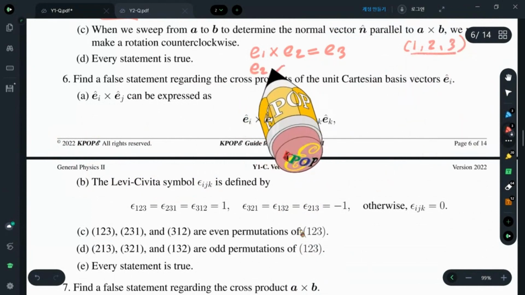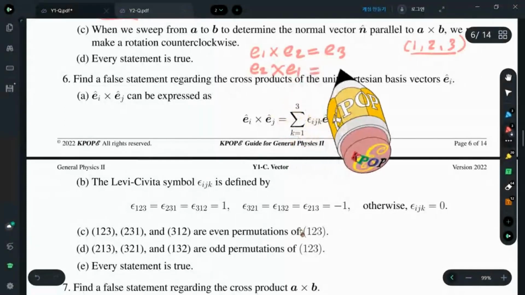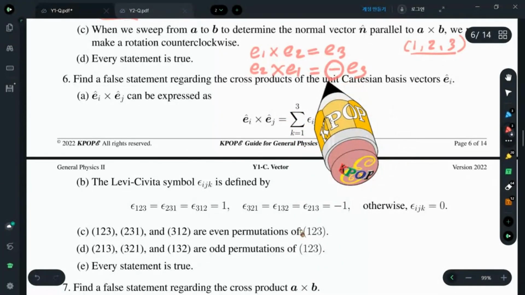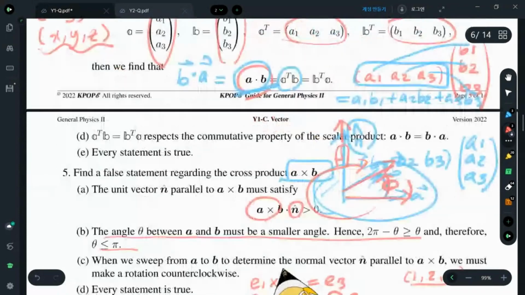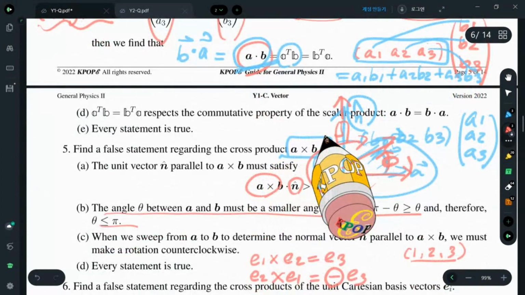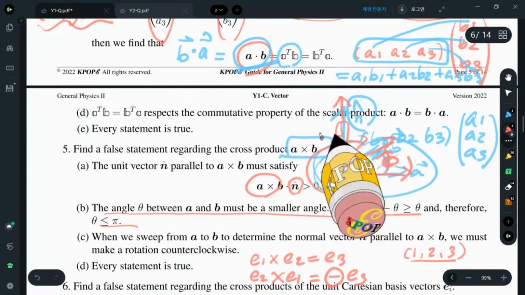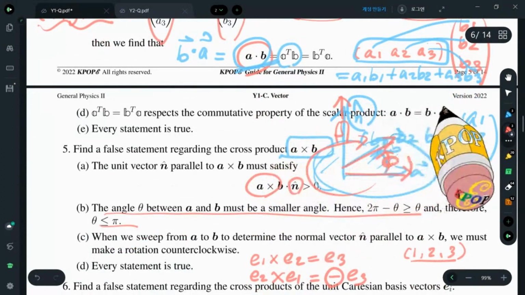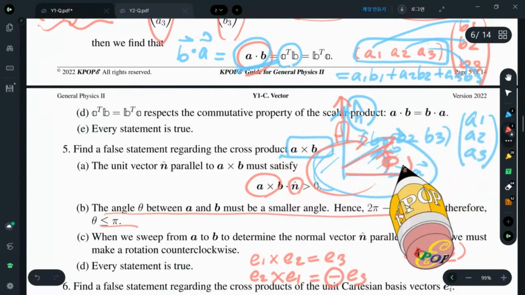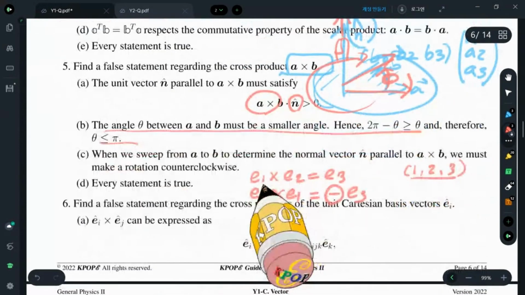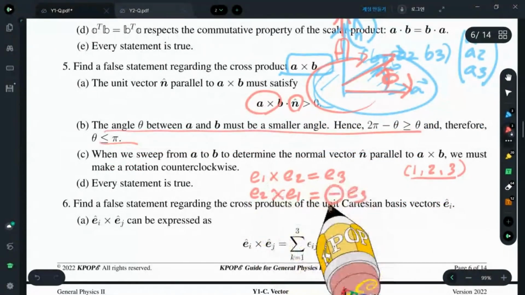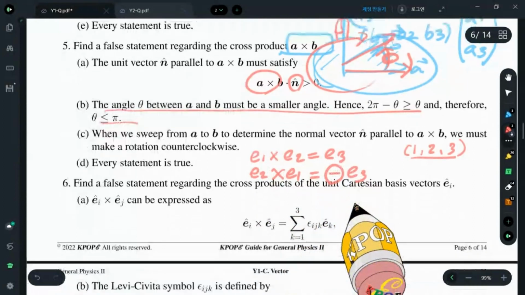If you exchange the order, the answer is opposite, because the definition of a cross product is anti-commutative. While the scalar product is commutative, you can change the order without changing the value, if you exchange the order of this cross product operation, your final result flips the sign.